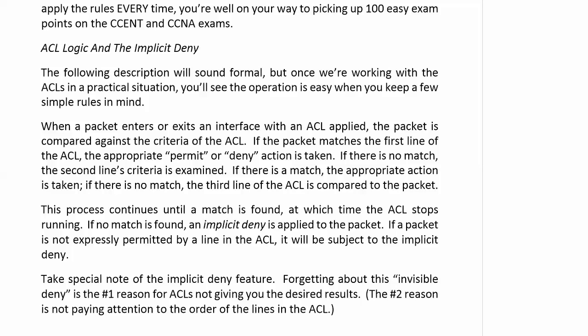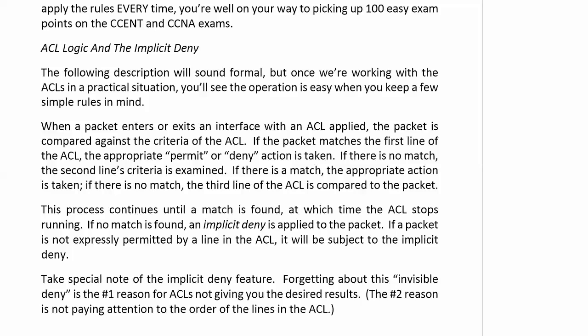But if none is found, we have what we call an implicit deny. And an easy way to remember this, and I'll mention it at least once more during this part of the course: if a packet is not expressly permitted by a line in the ACL, it will be implicitly denied. Please call it implicit; I just call it invisible because you don't see it at the end of an ACL.